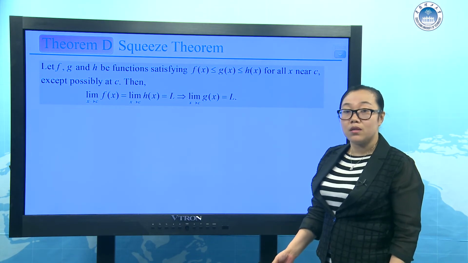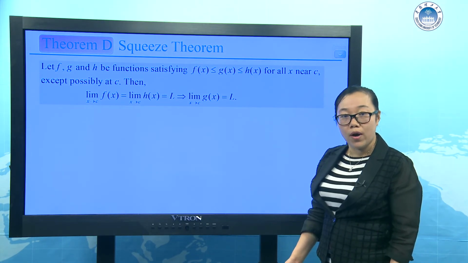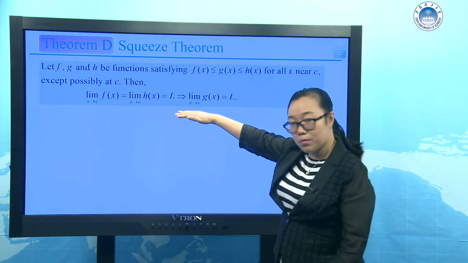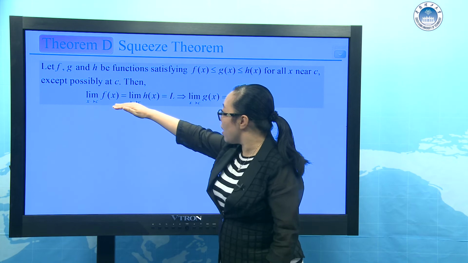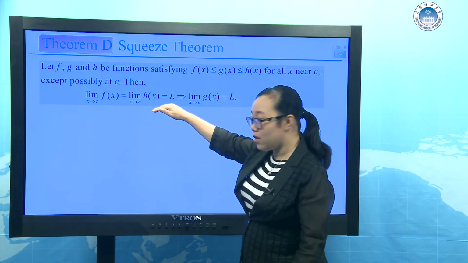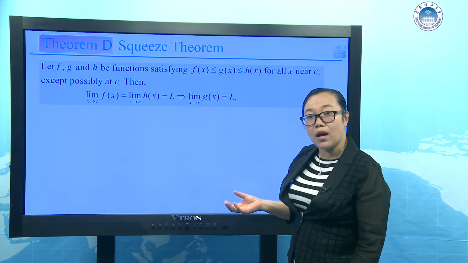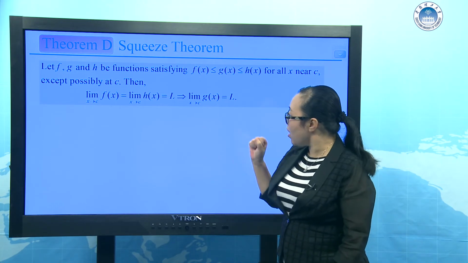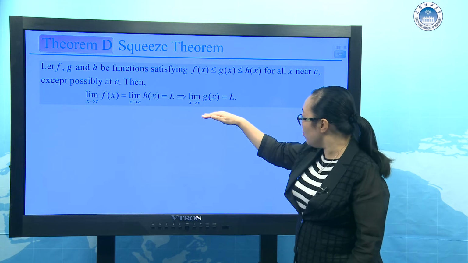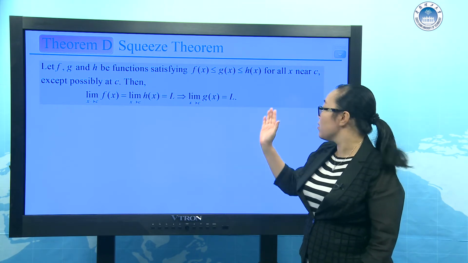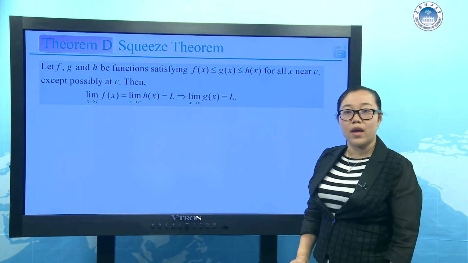Sometimes c is not defined for the function. And then we have that the limits of f(x) and h(x) exist and they are equal. At this time, we can get that the limit of g(x) exists and the number is the same, equal to L.